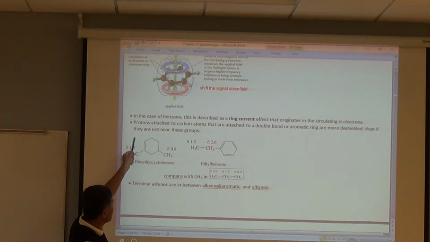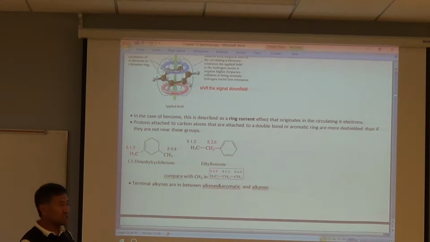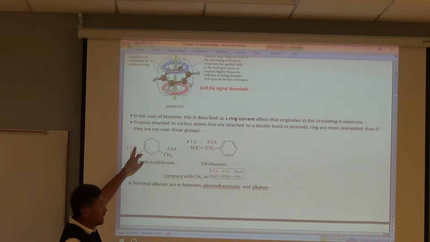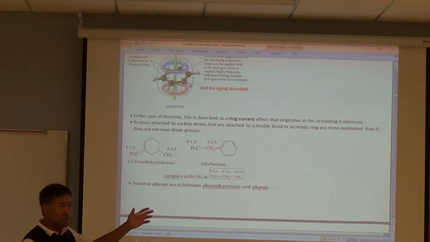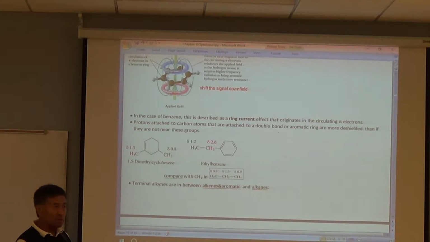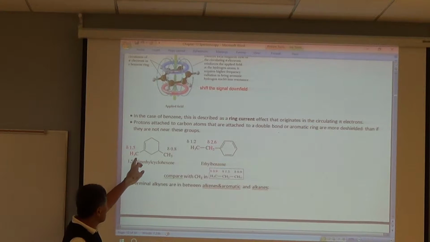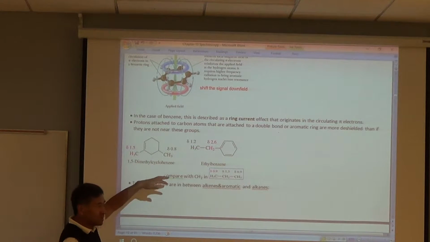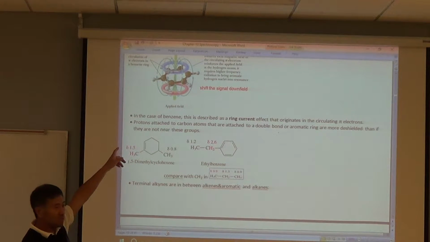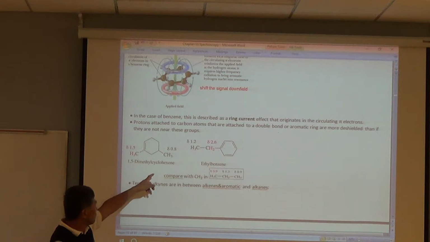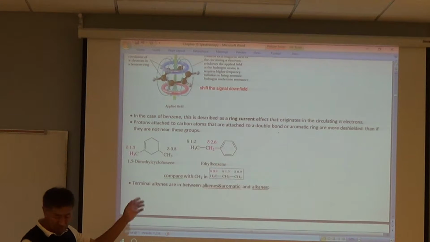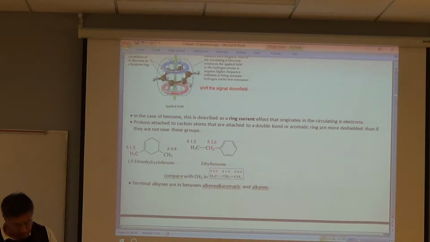If you have H here, you will know that H is deshielded, and will have a larger delta compared to the usual H on the methyl or methylene. And here you compare this methyl with that methyl. That methyl doesn't have that local field like what we saw in the picture from the double bond, so therefore it's more shielded and more upfield.